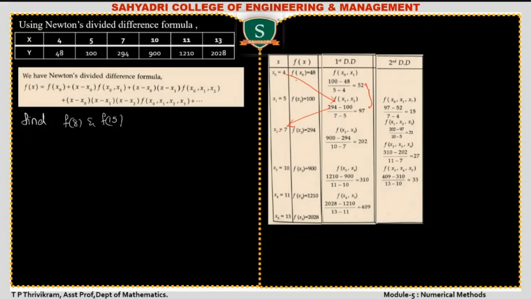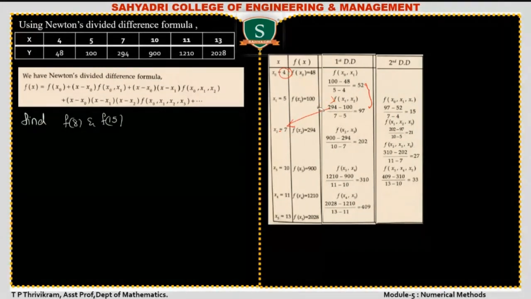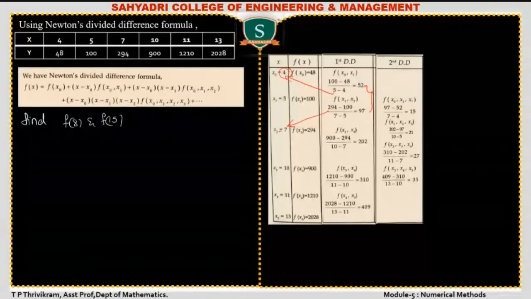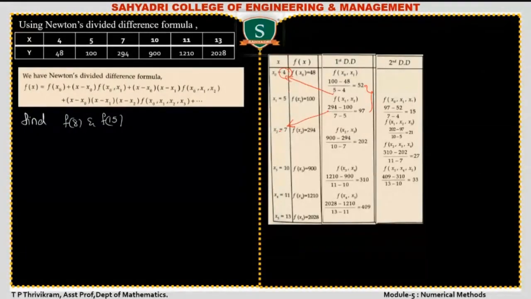Whichever x value you get, this value you'll get. So you go for 4. So the difference between these two divided by the diagonal values of x. Okay, so 7 minus 4 you got.